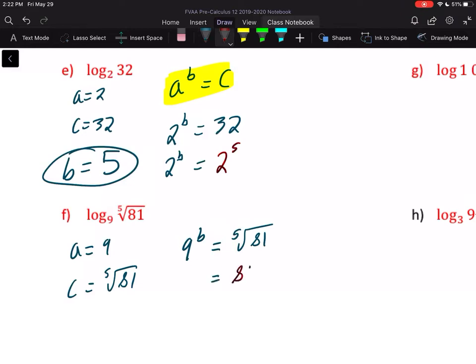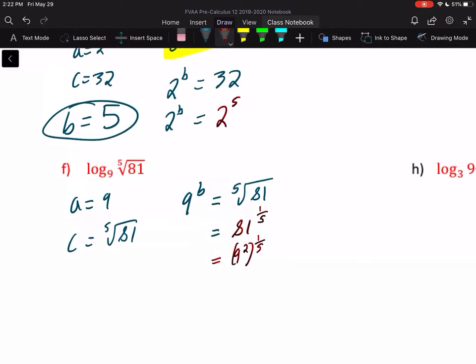This becomes 81 to the 1 over 5. Okay, the index becomes the denominator. And then I'm going to substitute 81 with 9 squared. And I end up finally with 9 to the 2 over 5 is equal to 9 to the b. Oh, sorry, that's a 2.